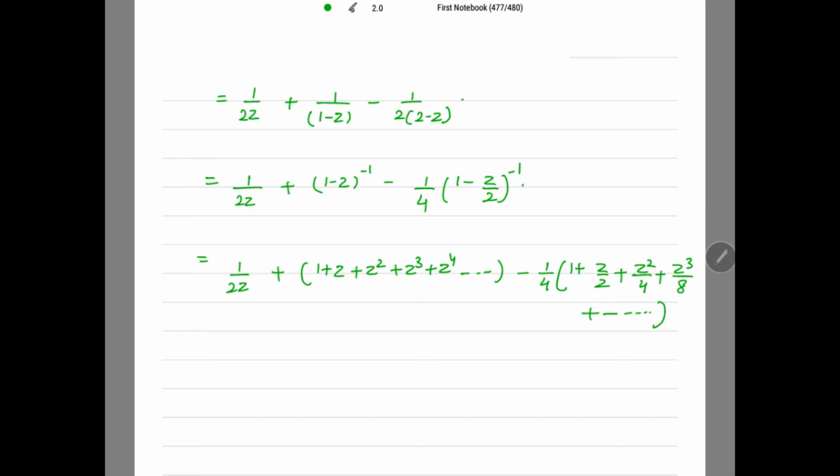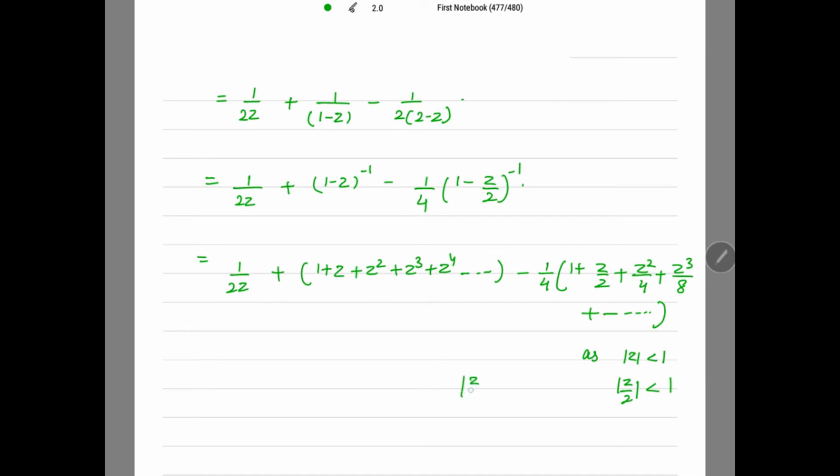So for this expansion I must write in the bracket the condition: for the first one we are having mod z less than 1, and for the second one obviously mod of z by 2 is less than 1. See, if mod of z is less than 1, then obviously mod of z by 2 is also less than 1. Why?